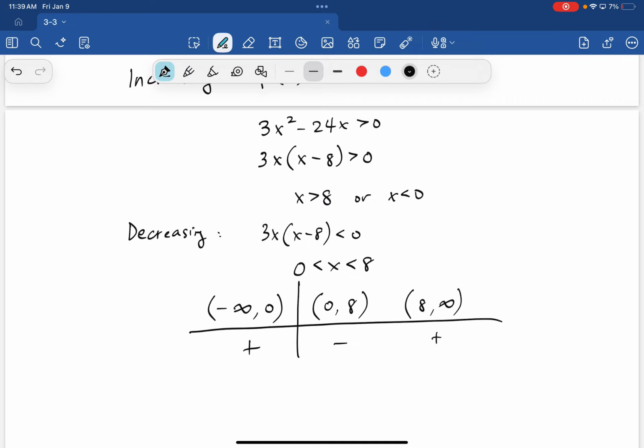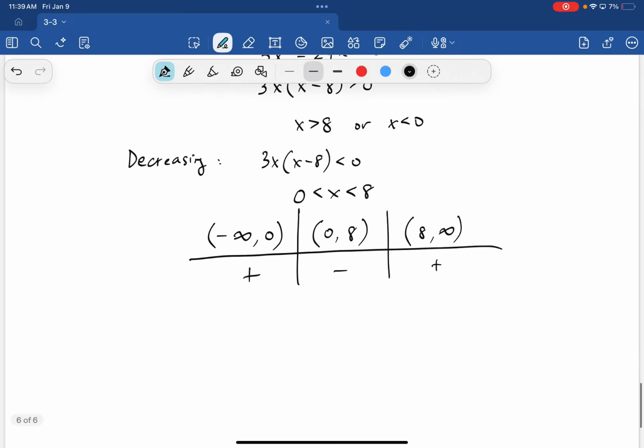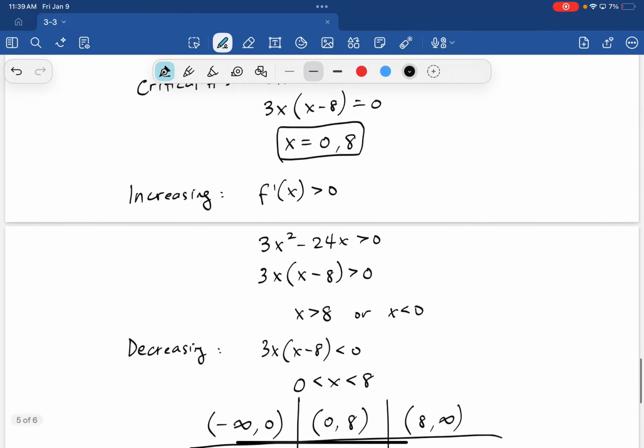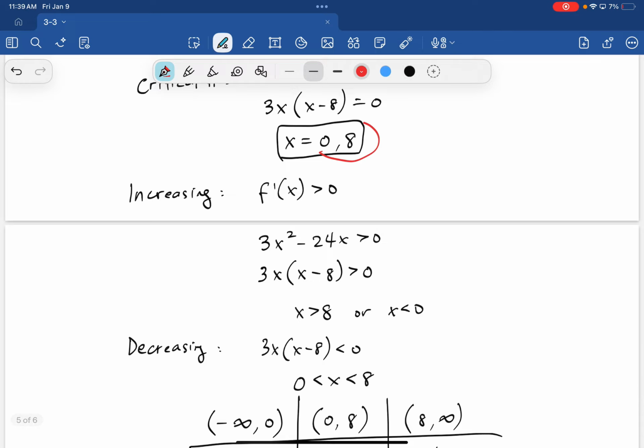So if we visualize the graph now, we can see that it's first positive, so it's first increasing, and then it decreases for a period, and then it increases again. Okay, now we're going to think back to what the critical points were. The critical points are 0 and 8, right?